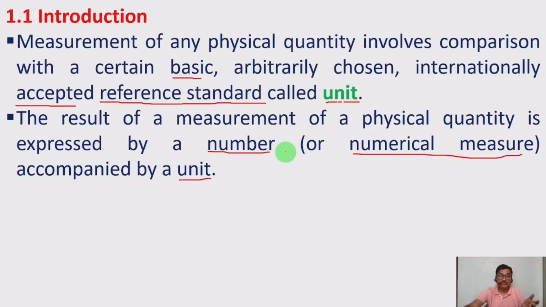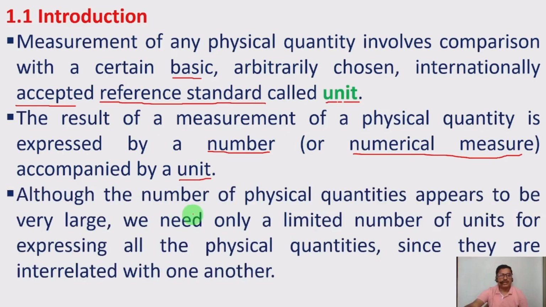That's why measurement requires a number as well as a unit. If you mention 5 kg, then he can give 5 kg of the grains. Otherwise, if you give only 5 grains, is that sufficient? No. That's why a measurement always has the number accompanied by its measuring unit.